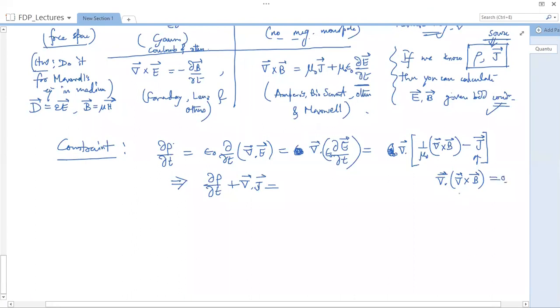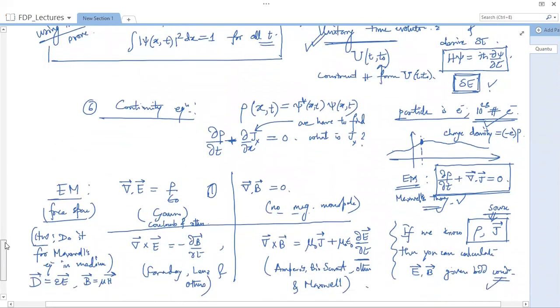Now if instead of del you have some vector, A cross B and taking the dot product with that vector, this A cross B is perpendicular to A, so that should be 0, and that's again true for this operator del. So you get 0. So that is very important, in that you have a continuity equation.